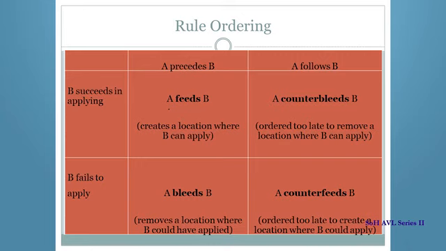Rule A counterfeeds rule B when A is ordered after B and A creates novel configurations to which B could have applied if A had been applied before B. Rule A counterbleeds rule B when A is ordered after B and A would have removed configurations to which B applies had A applied first.